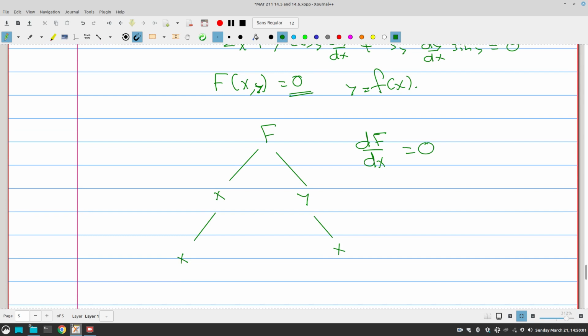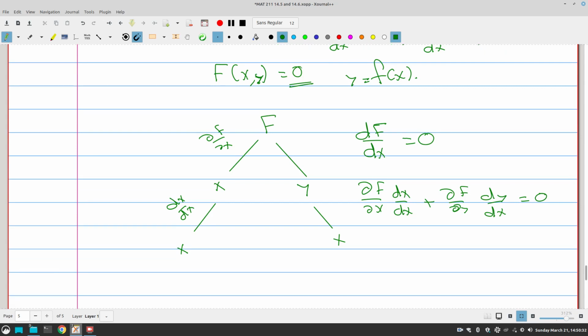So this would be equal to partial f over partial x times dx over dx, plus partial f over partial y times dy over dx, and of course this is equal to 0. dx over dx is of course 1.